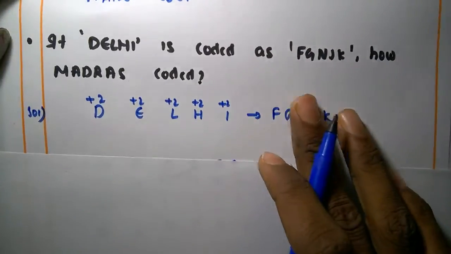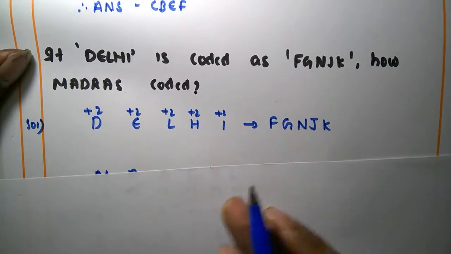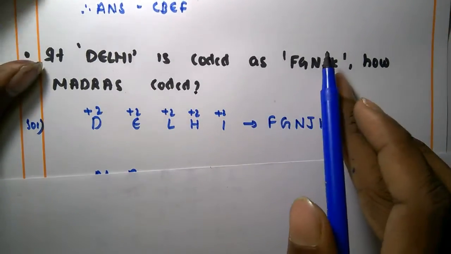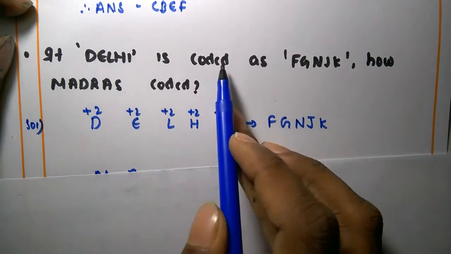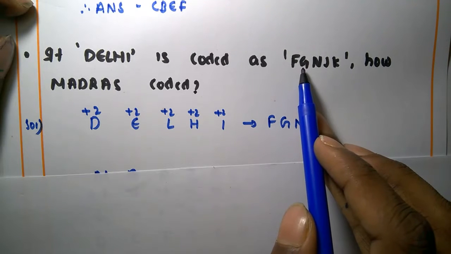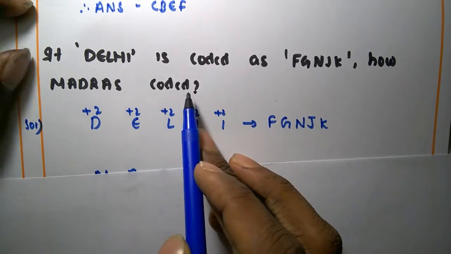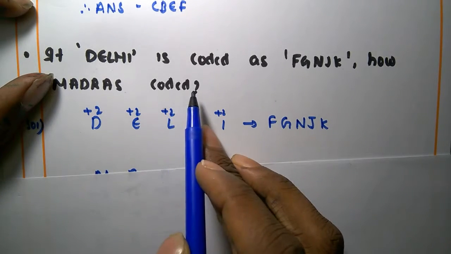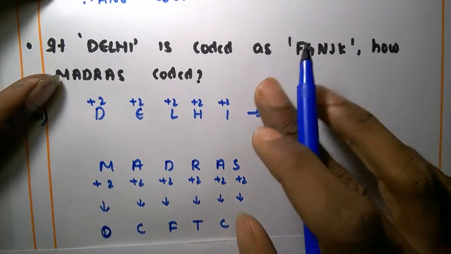So guys, the next one: if DELHI is coded as FGNJK, then how is MADRAS coded? In this he asked, this DELHI has been coded to FGNJK, and how is MADRAS coded? So here it is a different way from our previous question.